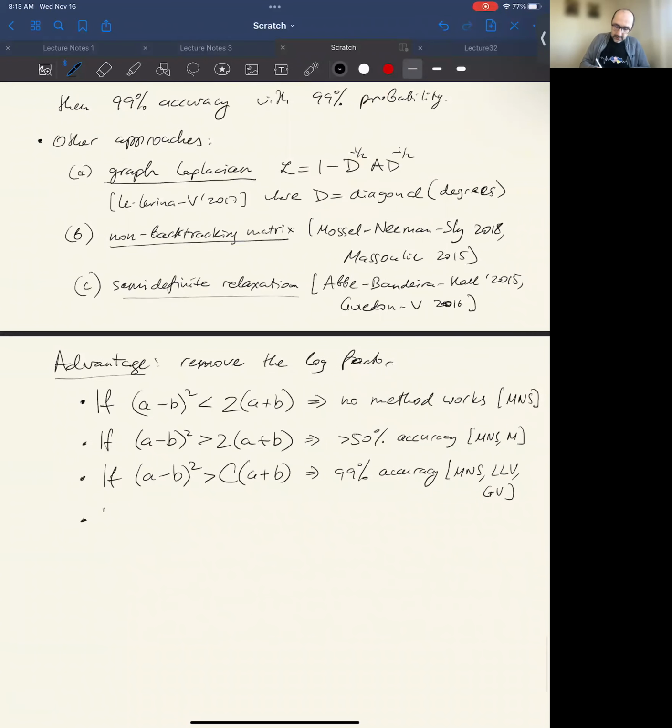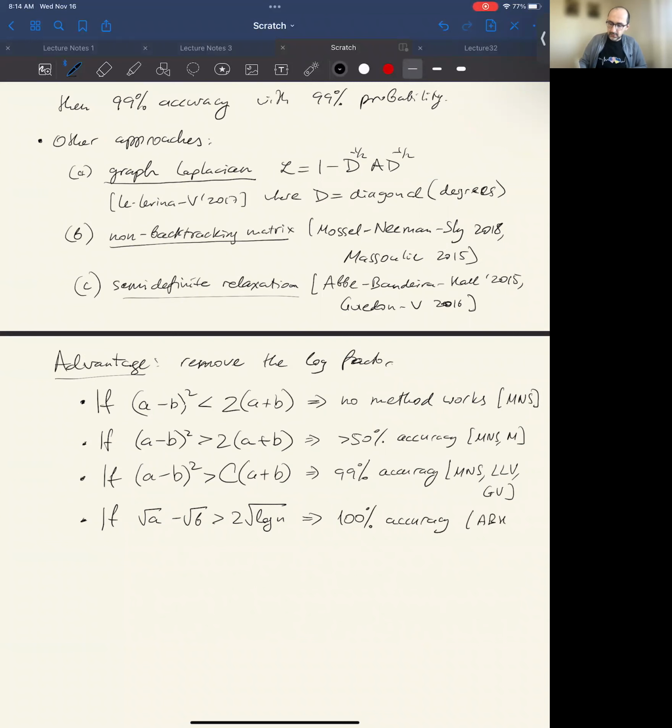And finally, if you reinstate the logarithm, I'll put it in this form, this is a sharp one: 2 root log n. Then, surprisingly, it works with 100% accuracy.